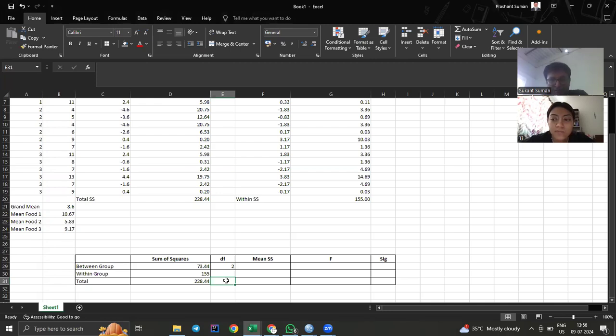How many observations do we have? Wouldn't it be 3? Those are 3 groups. What is the number of observations we have? Oh, 18. Yeah. So my total degree of freedom should be how much?